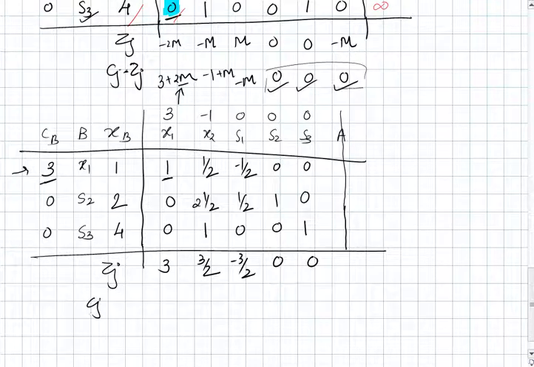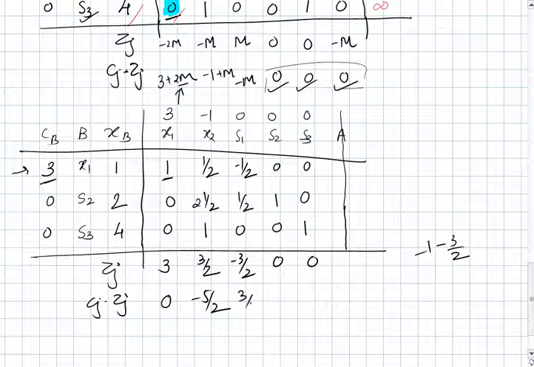So Cj minus Zj is 3 minus 3 is 0, minus 1 minus 3 by 2, so it is minus 5 by 2. Then here it is 0 minus 3 by 2, so it is minus 3 by 2. Here it is 0, 0, 0 minus 0 is 0.